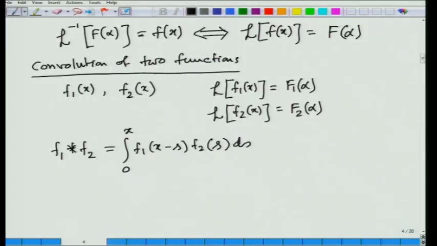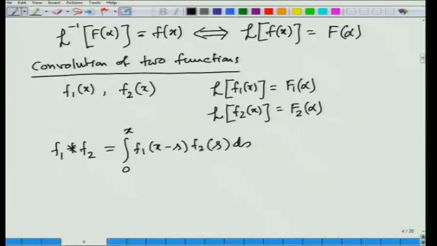You have to keep in mind this convolution is commutative. We can easily prove f1 star f2 is equal to f2 star f1 just by changing the variable. If we substitute x minus s equal to u, you can easily prove this is equal to the integral from 0 to x of f2(x minus s) times f1(s) ds.